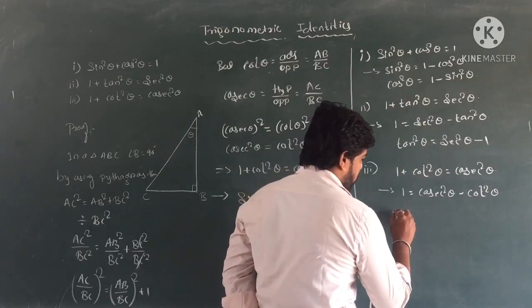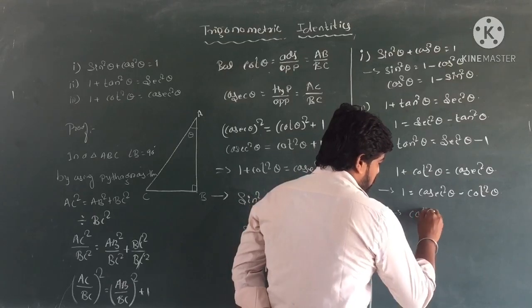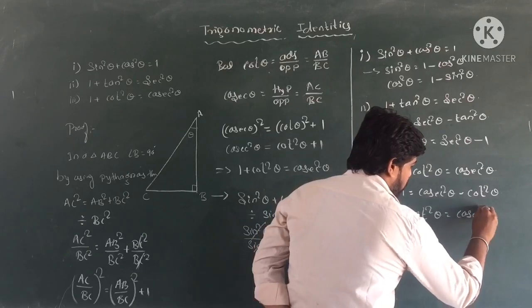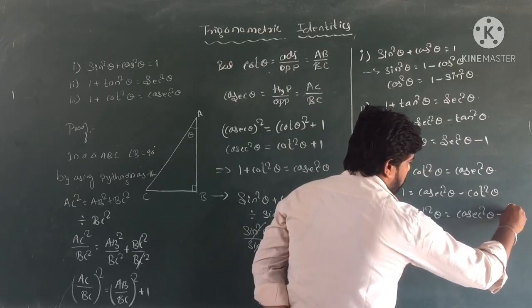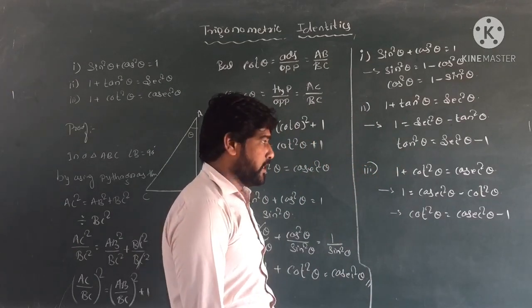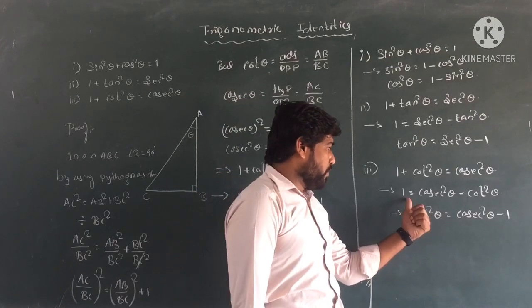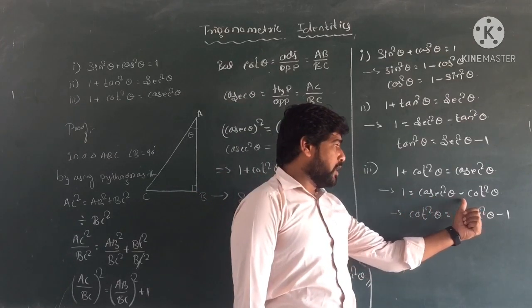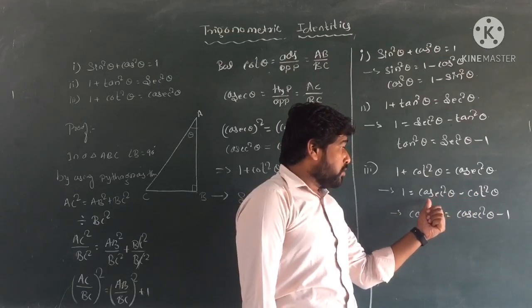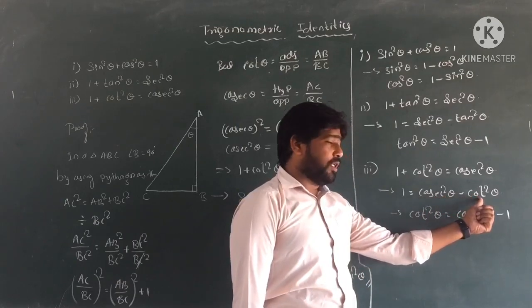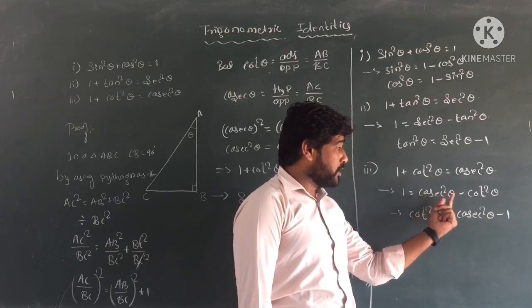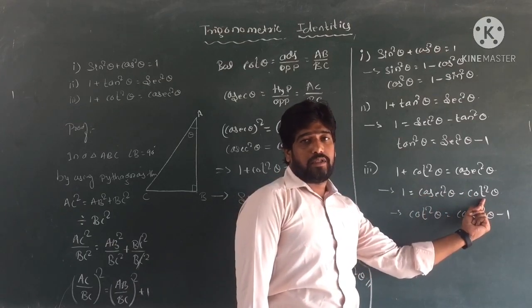And another one, cot square theta is equal to cosec square theta minus 1. Is it clear? See here, 1 is equal to cosec square theta minus cot square theta. It is right. If you write cot square theta minus cosec square theta, then it is wrong, right? So 1 is equal to cosec square theta minus cot square theta, right?